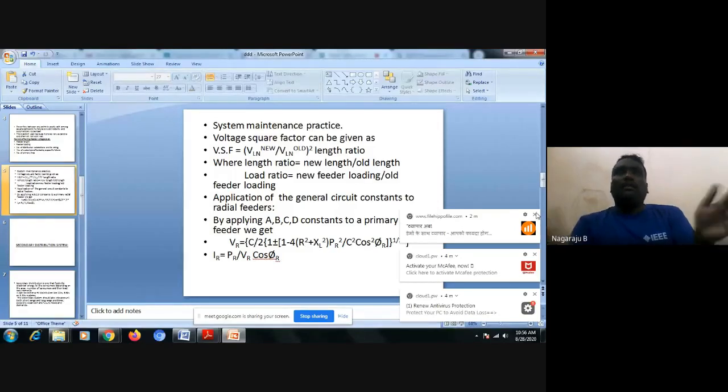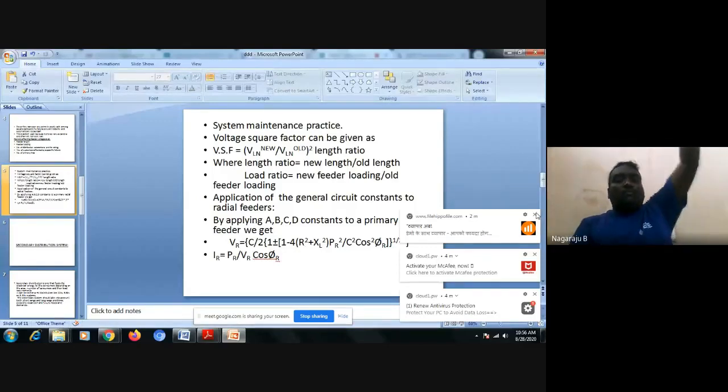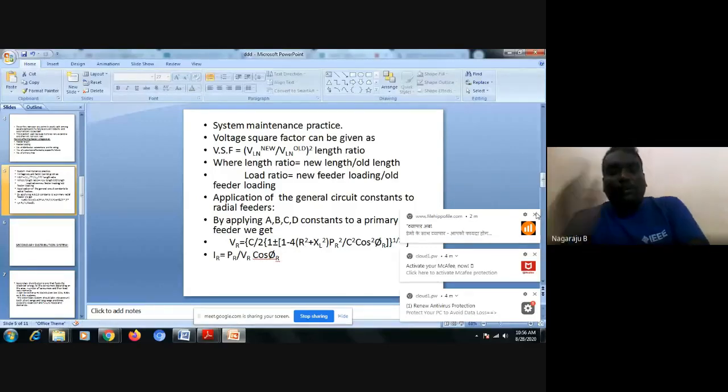Your classroom is 6 by 12, and I need to increase it to 8 by 16. Depending on your loading, that gives the voltage square factor and the feeder loading. All of you remember this.